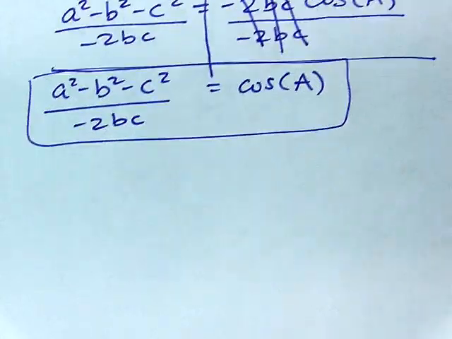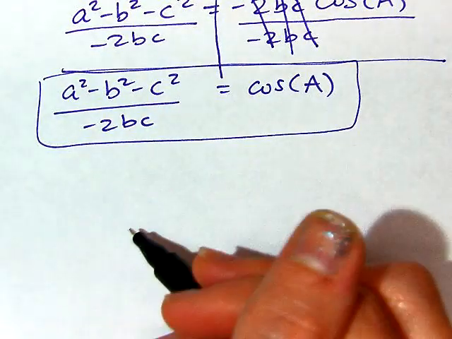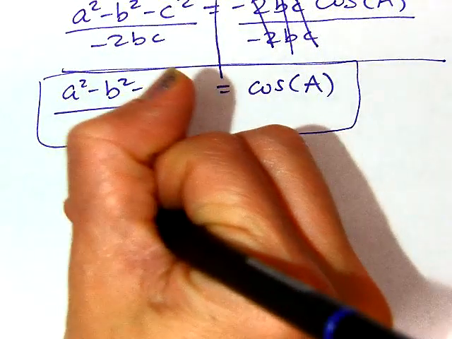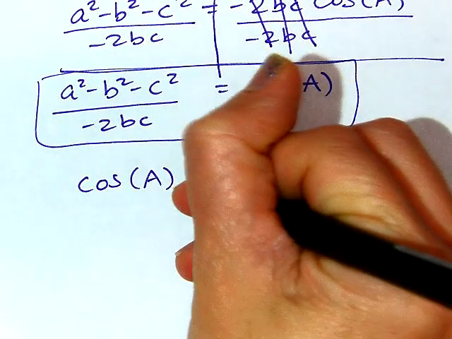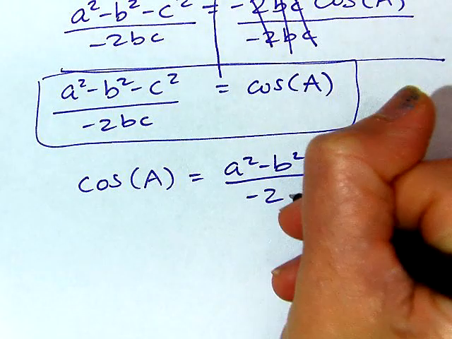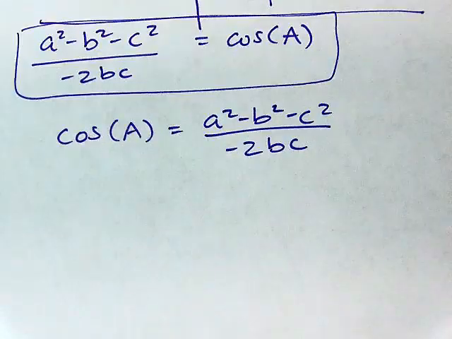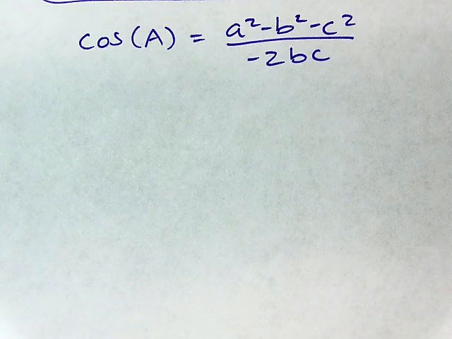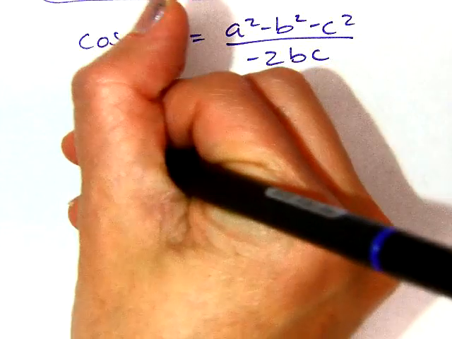Now, if you're anything like me, you like your missing value to be on the left. So if you want to, I'm going to go ahead and rewrite it like this. And you can do that for the other ones. And what they're going to end up looking like is this.